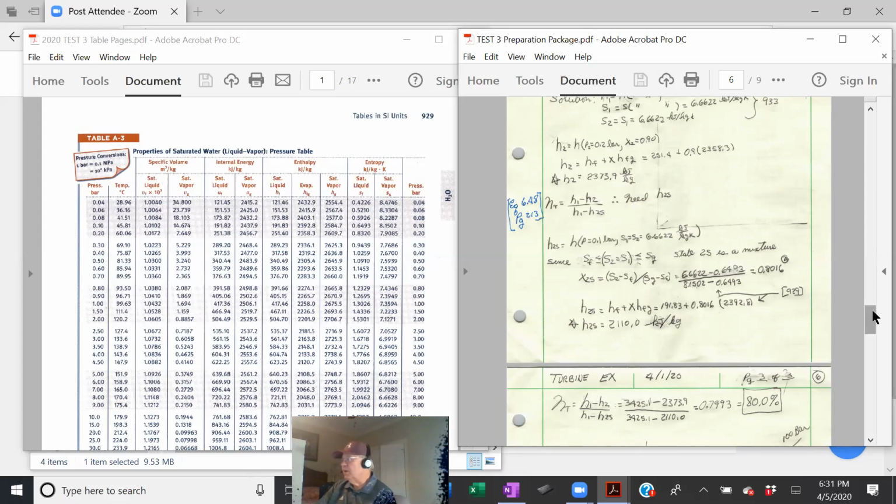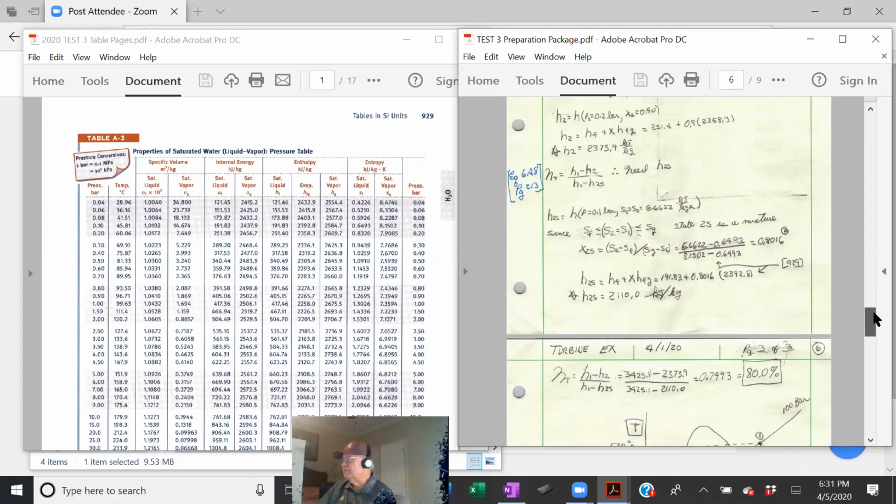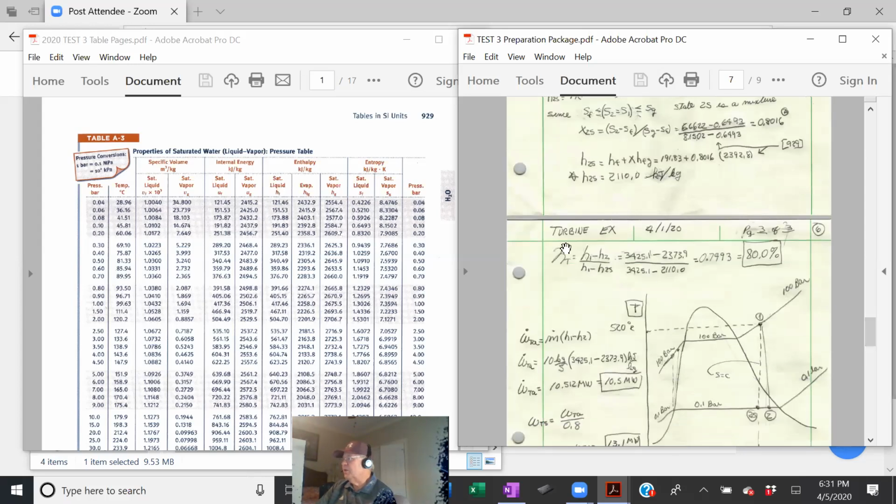So I have H1, H2, and H2S. Having those, I'm going to calculate my isentropic efficiency. It's H1 minus H2 over H1 minus H2S. H1 minus H2 is a smaller work.